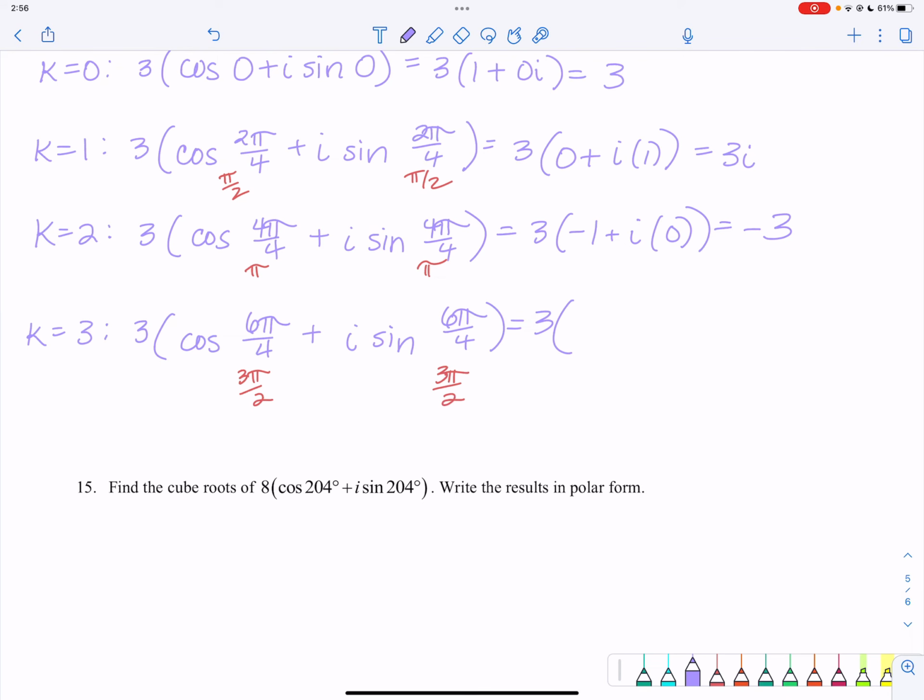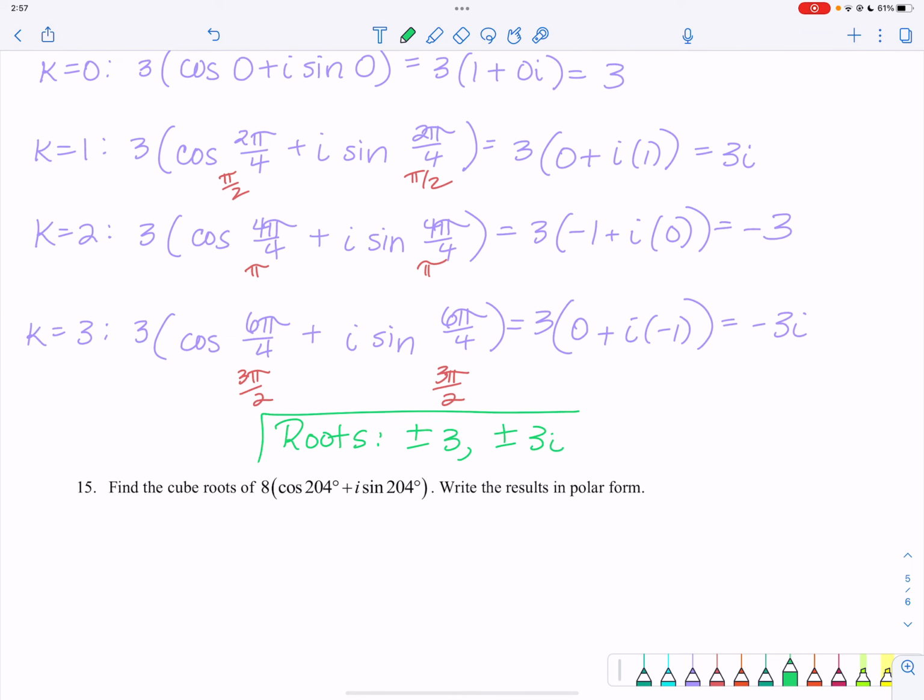Just makes it a little bit easier when we're computing these. And we have 0 plus I times negative 1. We come up with a negative 3i. So what do you see that we have? We have our roots are plus or minus 3 and plus or minus 3i.